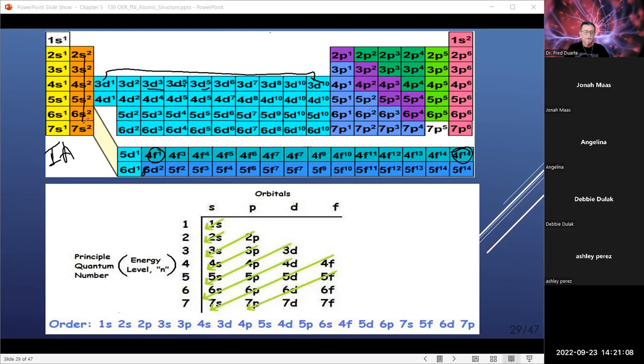Same is true for this group right here, okay? And that's all of the other groups. And that's why they have very similar reactivity. Notice that the noble gases have the p orbitals full and the s orbital full, and therefore that explains why they are very unreactive.